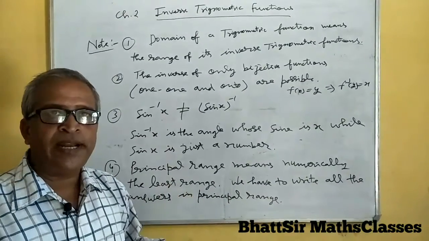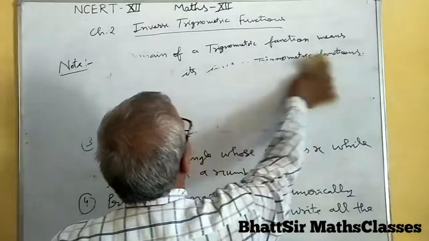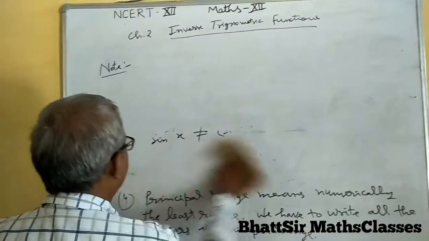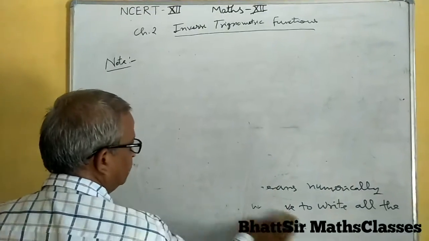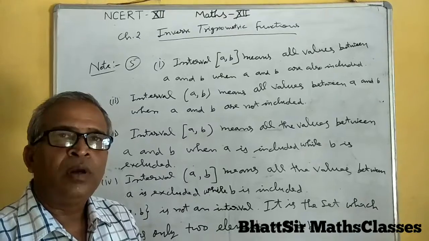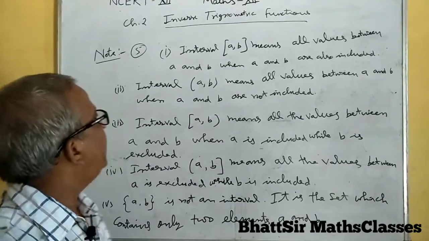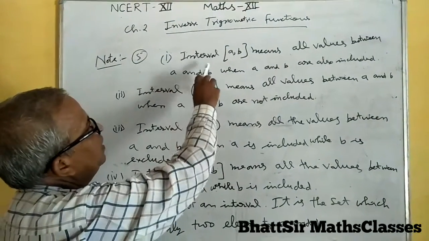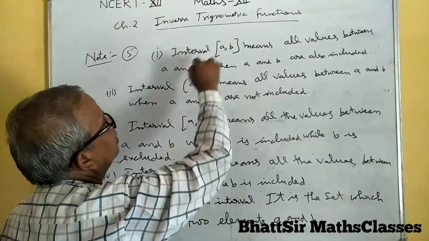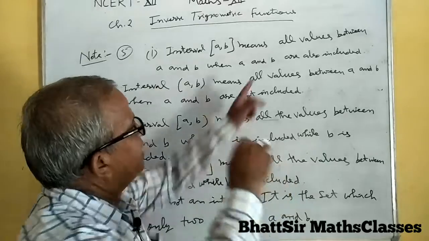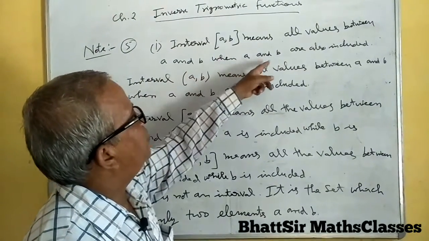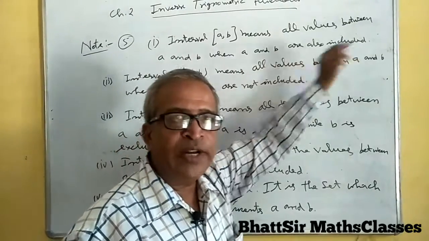These notes are forwarded. Note number 5: I am explaining note number 5. First point, the closed interval [A, B] means all values between A and B when A and B are also included.